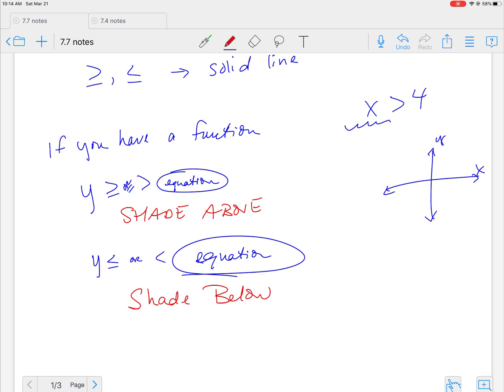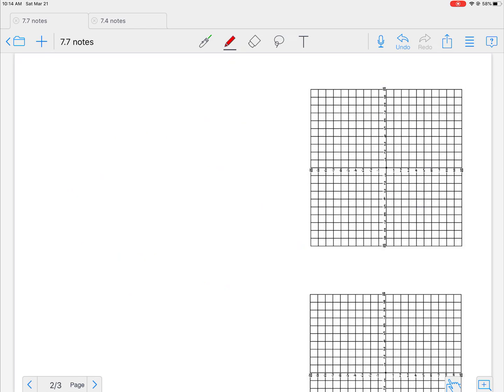Do you see where I'm getting at here? So if you have a function and I'm looking in relationship to y, if y is greater than whatever equation I have, I'm going to shade above it. If y is less than whatever equation I have, I'm going to shade below it. Make sense? All right, let's do some.